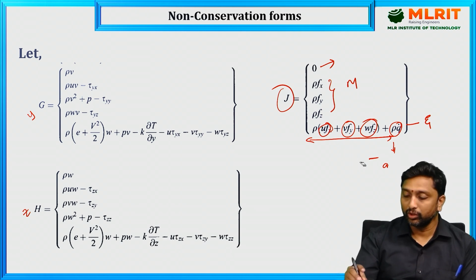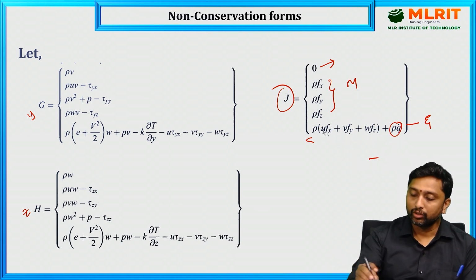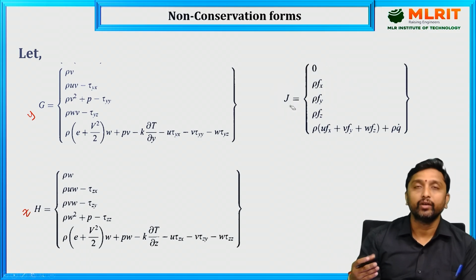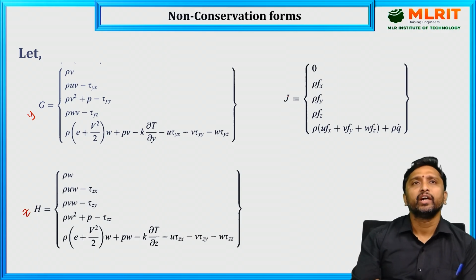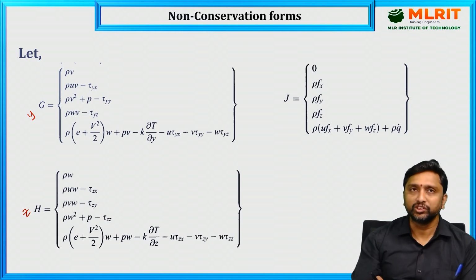These are the terms which are left out, and we are going to call them the source term. These are independent of any of the variables. They are not differential terms, rather they are values.